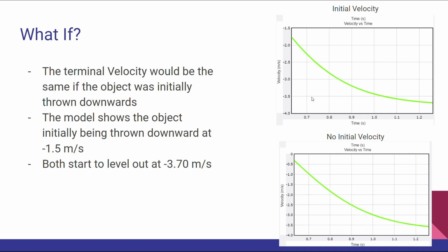This model up here starts at negative 1.5 meters per second, and this one starts at 0, but no matter what, because no other parts of the terminal velocity equation changed, the drag should equal the force of gravity in the end and reach that same velocity, so that the forces cancel out and the overall force is zero.